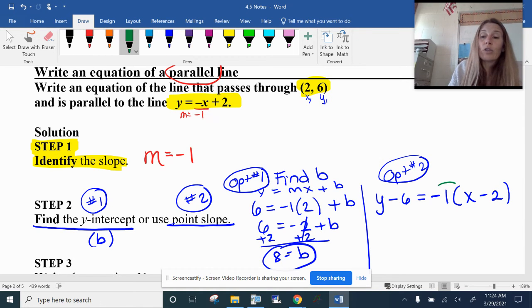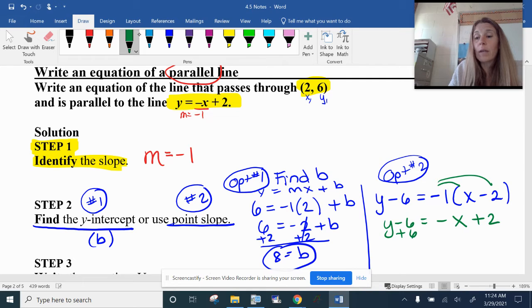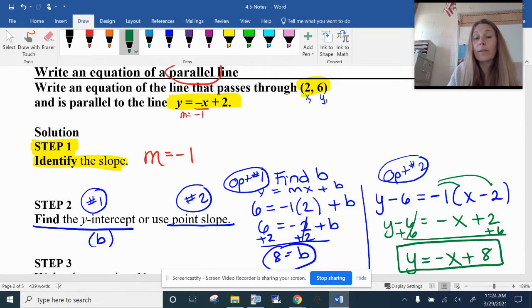And then I can distribute that slope. So I have -1x plus 2, and then simply bring this number over to the other side, combining it with the like term, and I have y equals -x plus 8 as my final answer for that parallel line equation.